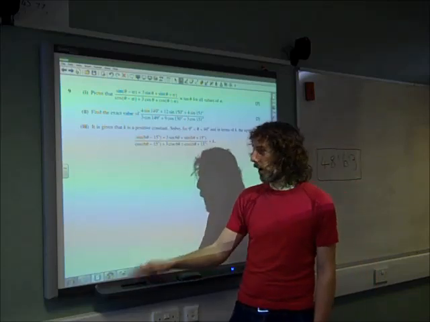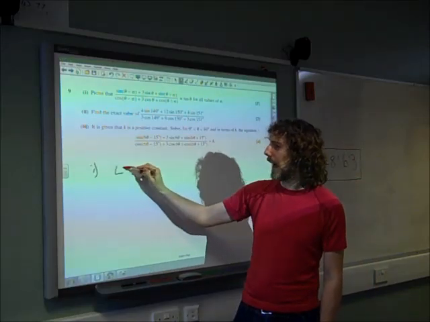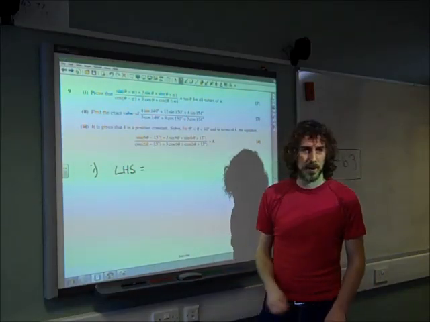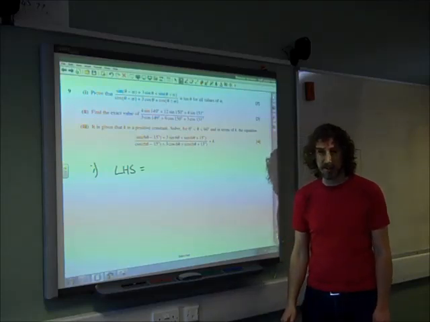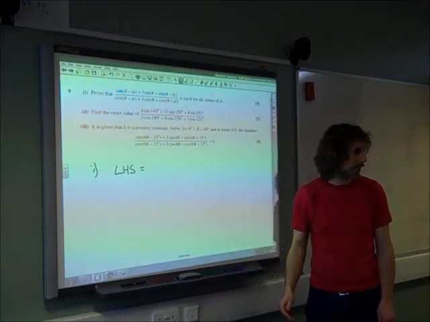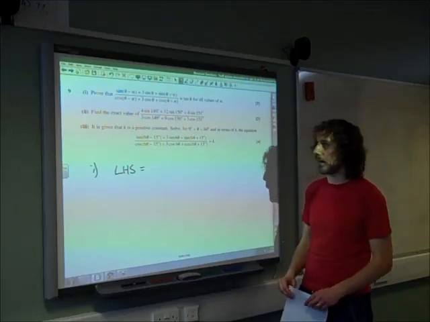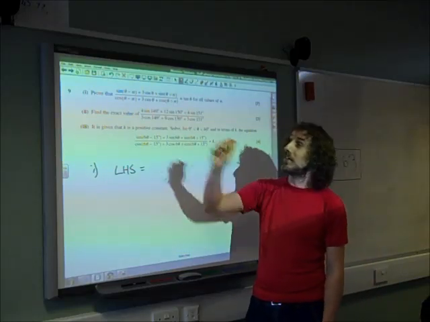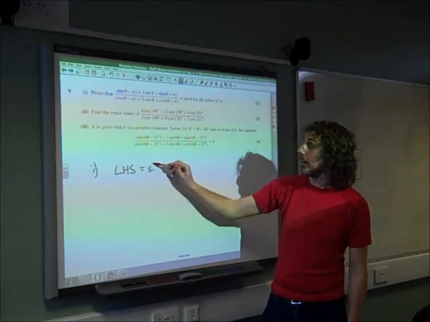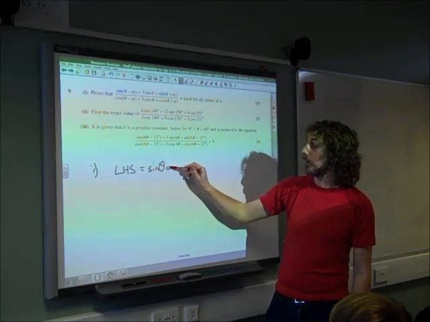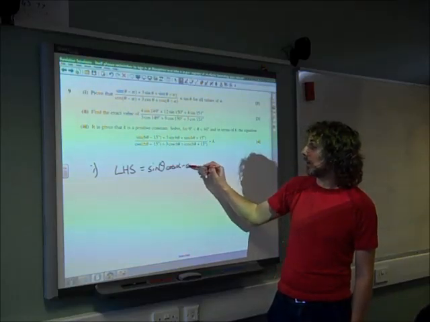We're going to have to start with the left-hand side, and we're going to have to just go for it. It's going to get messy. It's going to take up lots of space, but hopefully it'll all work itself out. So we start with sine of theta minus alpha, which is going to be sine theta cos alpha minus cos theta sine alpha.